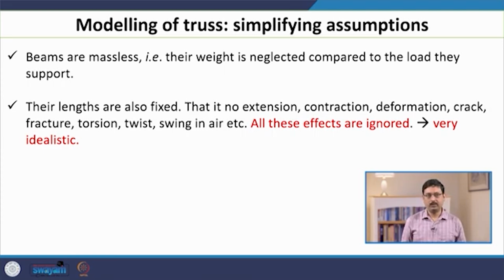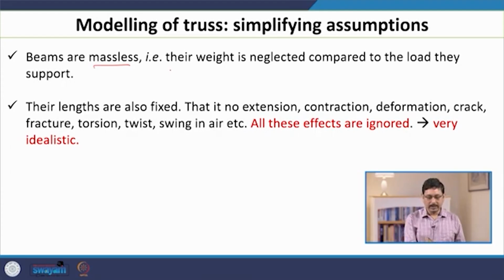What makes this problem difficult? These beams are actually massive structures. If they are made of steel or iron, they are massive, heavy structures, but we are going to assume that these beams are massless. We have reviewed this assumption in one of the previous lectures.